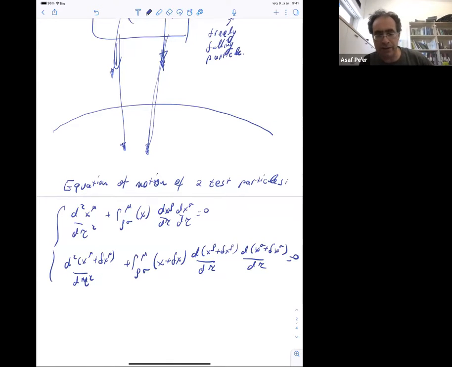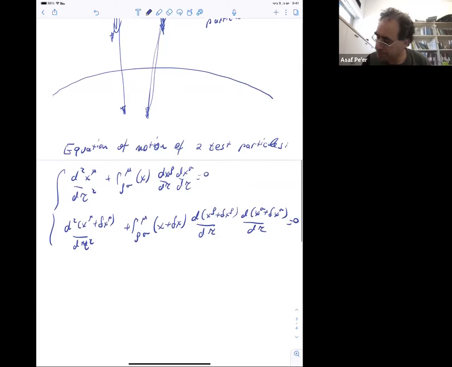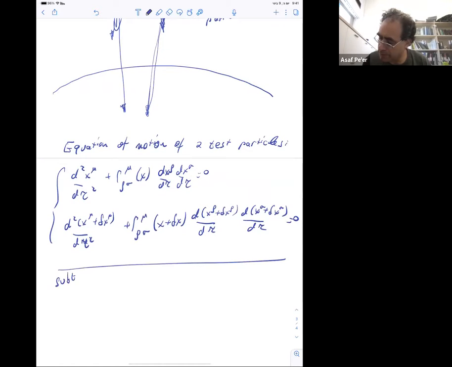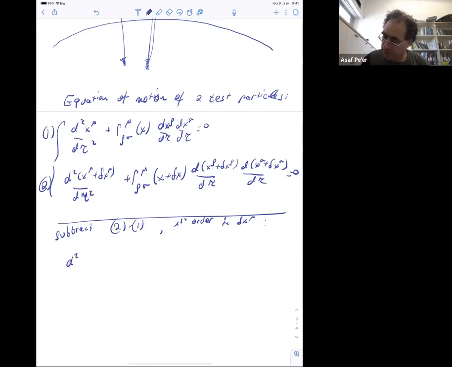Now, of course, what we do in this case is take the difference. So subtract equation 1 from equation 2, and take only the first order in the small term, the first order in δx^μ. So here we have d²δx^μ/dτ².